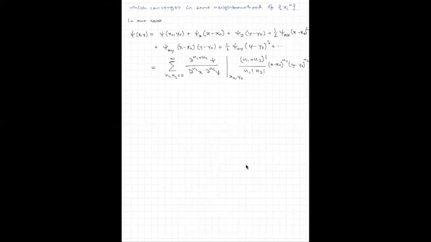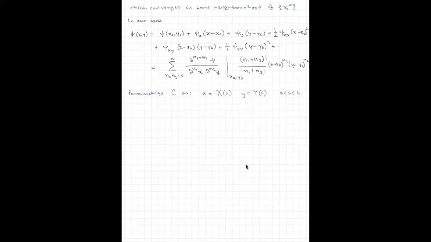So what is going to happen? x is going to be labeled as x of s, and y will be labeled as y of s, and s takes values between a and b.